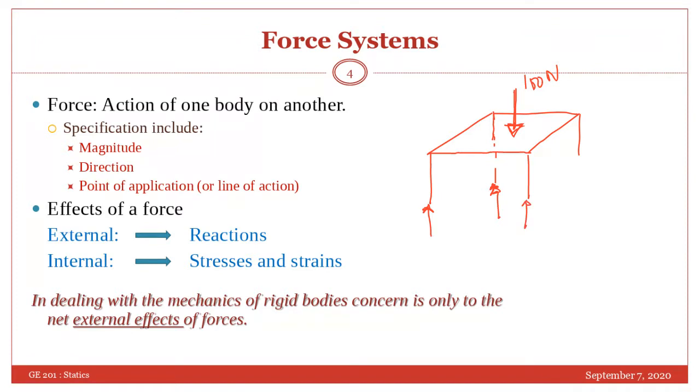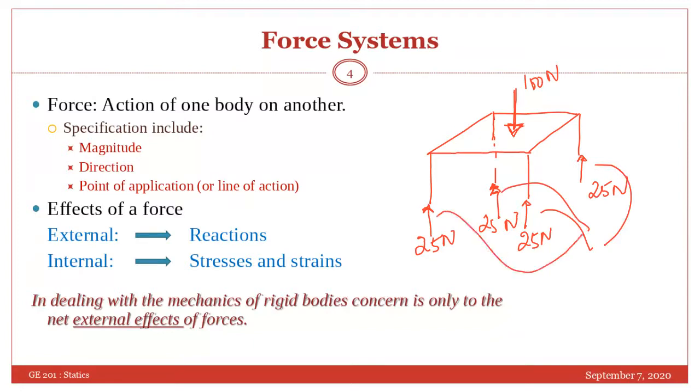And if this force is acting symmetrically, just at the center, these reactions, as you know, will be equally distributed: 25, 25, 25, and 25. So this is called external effect because these reactions are external to the body.